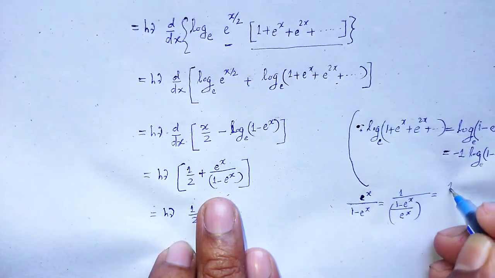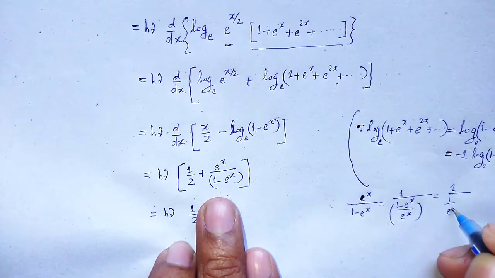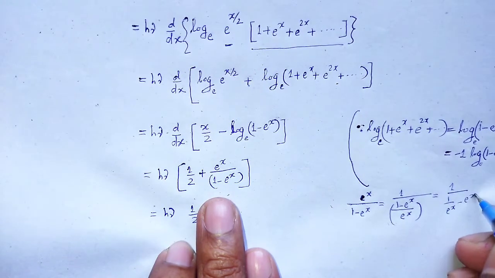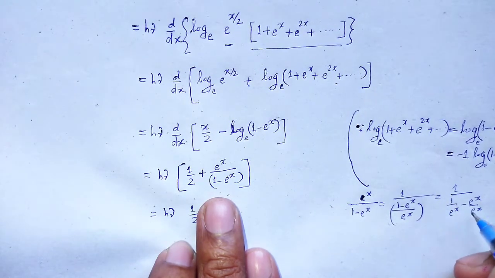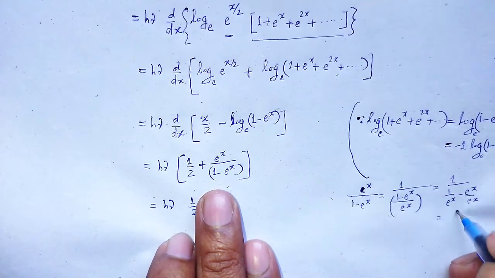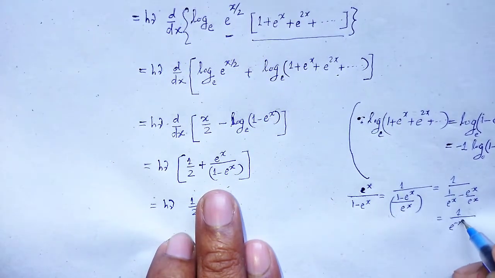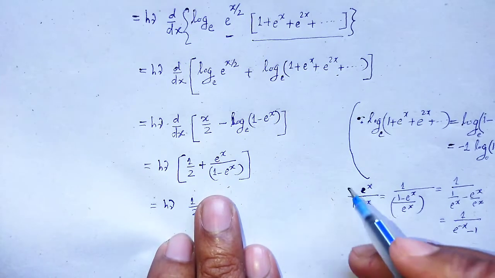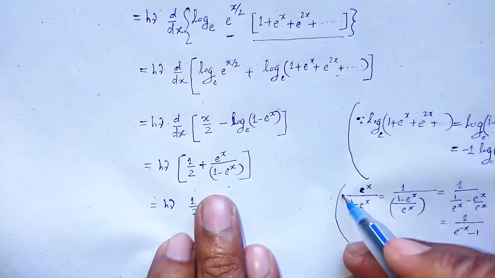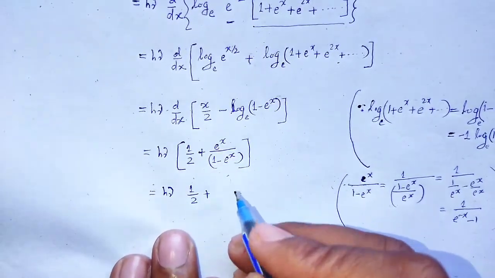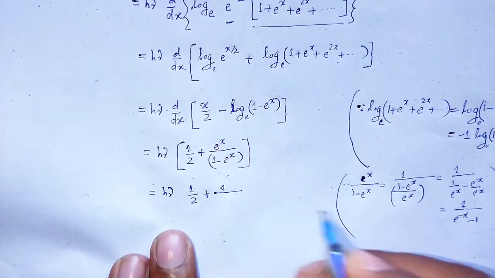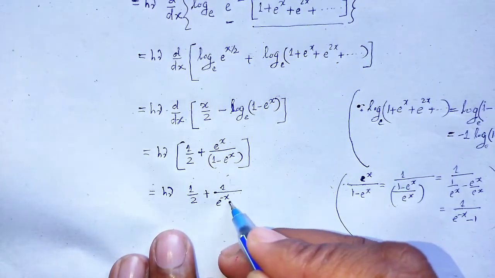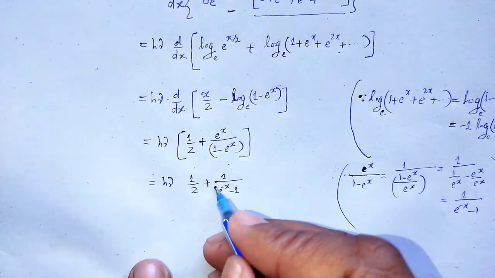For that term we use 1 divided by 1 divided by e to the power x minus e to the power x divided by e to the power x. So we write 1 divided by e to the power minus x minus 1.